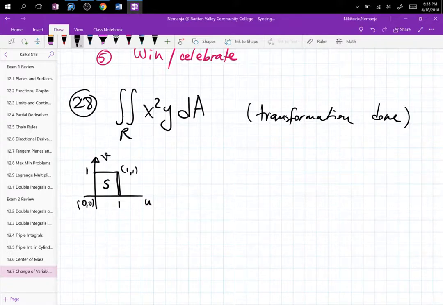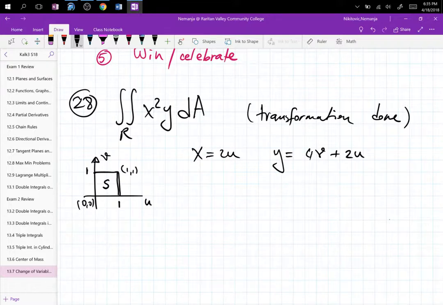And our transformation for this one, because we need it for the Jacobian, is x equals 2u and y equals 4v plus 2u. So what should I do? 4v, yes.